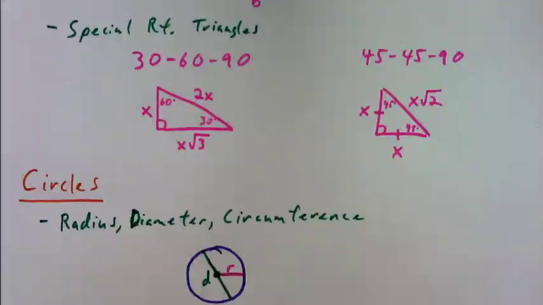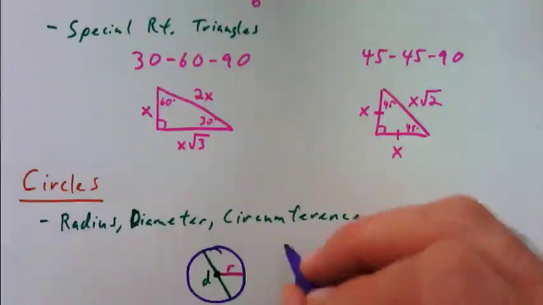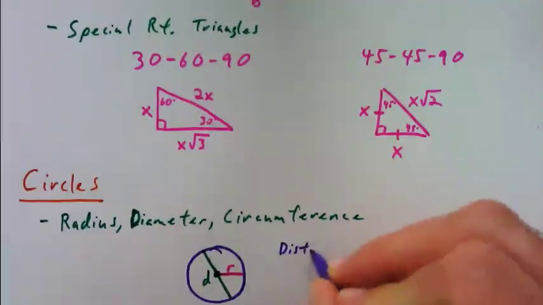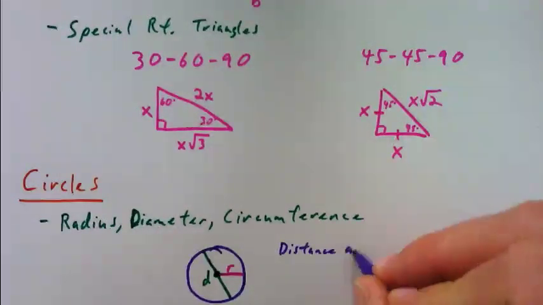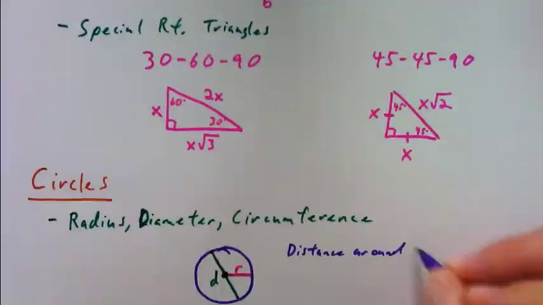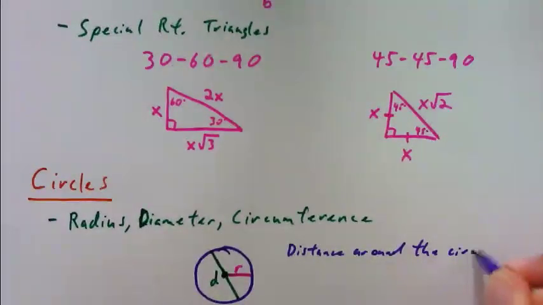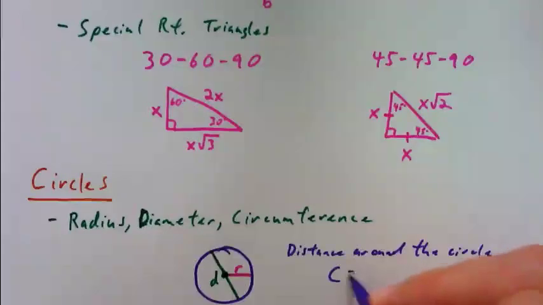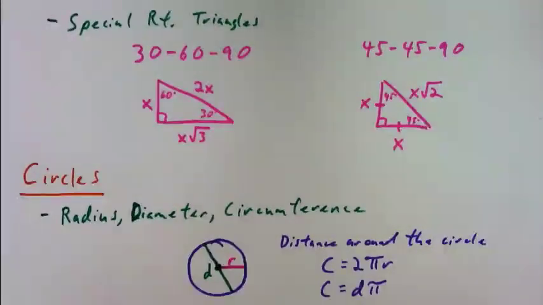Half the distance, so from the center to the circle, is our radius. The distance around the circle itself, that's our circumference. And we find the circumference with the formula 2 pi r, or diameter times pi.